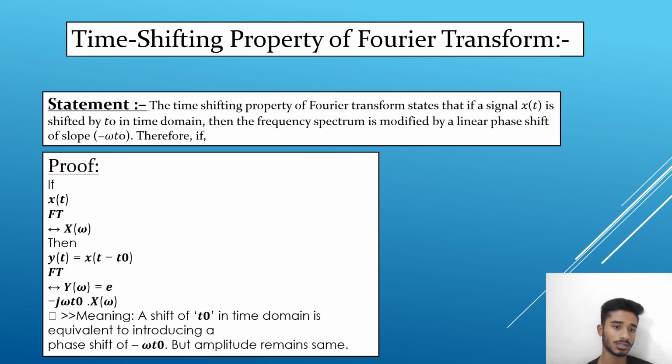Now moving on to our second property, the time shifting property of Fourier transform. Let me read out the statement to you guys. The time shifting property of Fourier transform states that if a signal x of t is shifted by t naught in the time domain, then the frequency spectrum is modified by a linear phase shift of slope minus omega t naught.